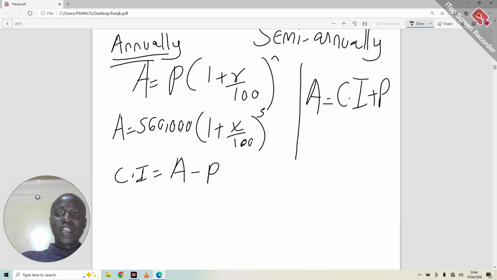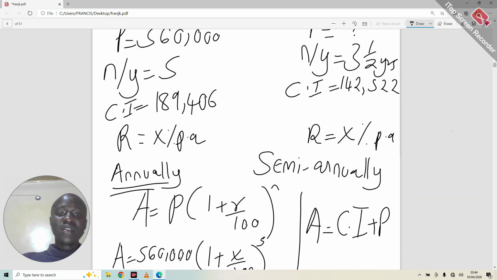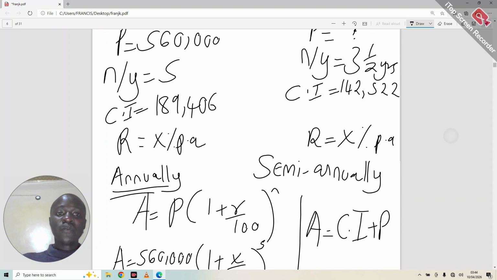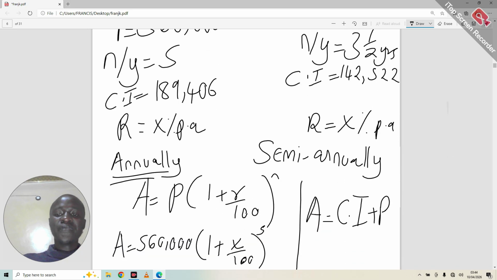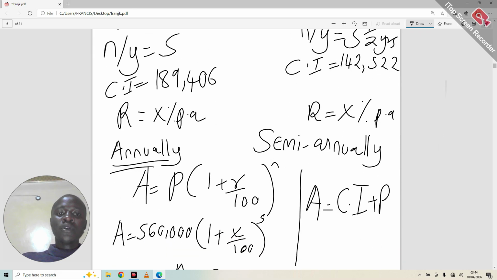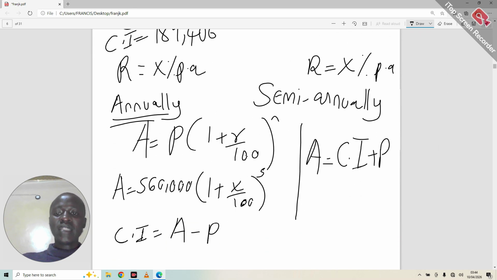Remember, these are calculations for Nanjala. We haven't yet jumped into Omedo's side. So compound interest for Nanjala was 189,406.